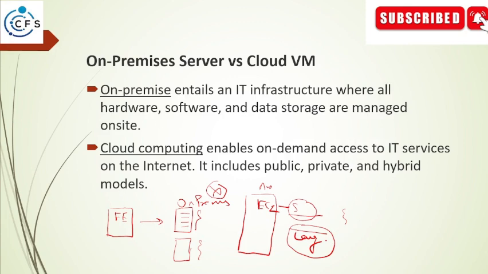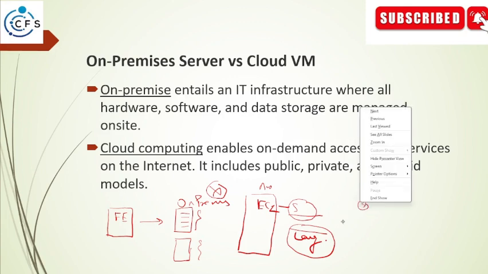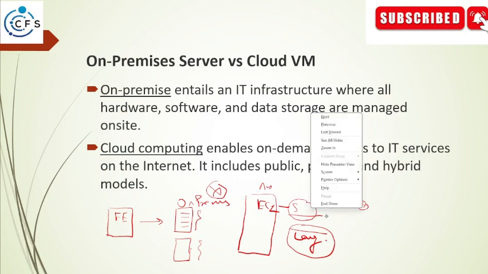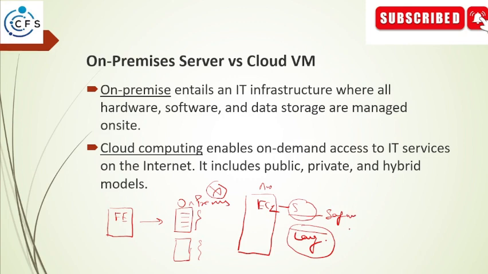The third problem we are trying to solve is that for each server I need to install software, like .NET, Node, and Python, and every software has its own version. Installing software takes a lot of time, and then we move on.